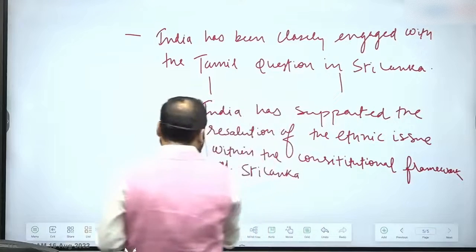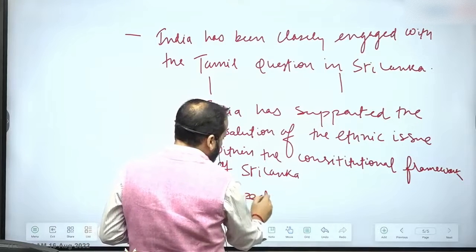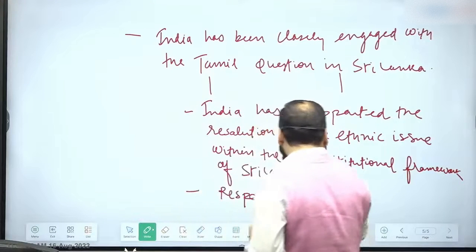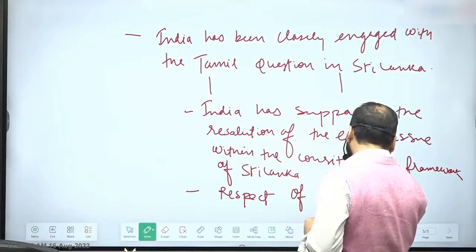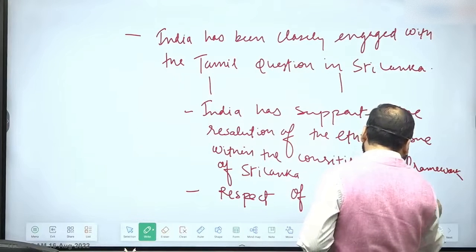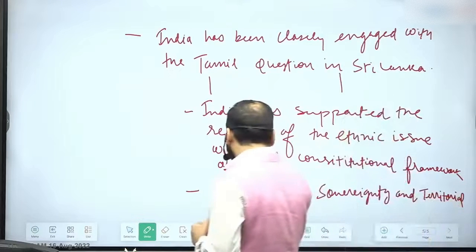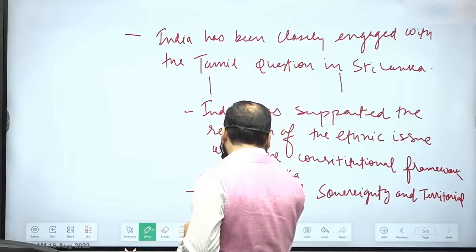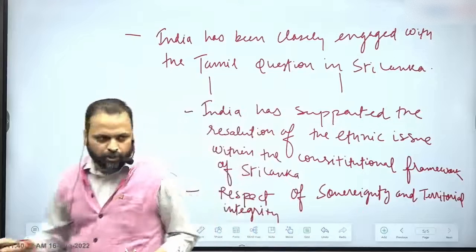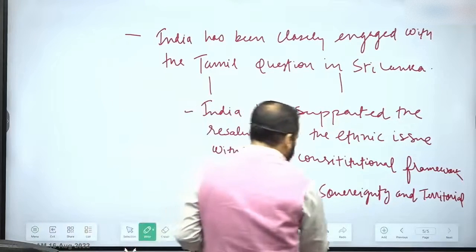India also has advocated that any solution should be mindful of and respect the sovereignty and territorial integrity. Any solution must ensure respect for sovereignty and territorial integrity of Sri Lanka.